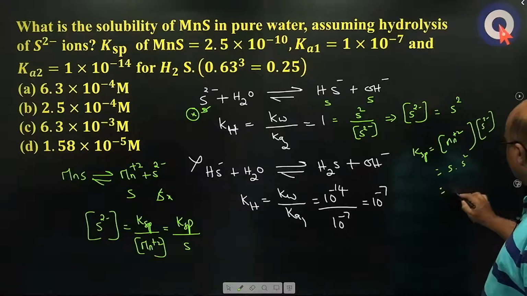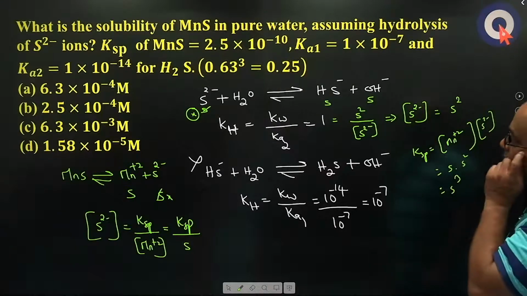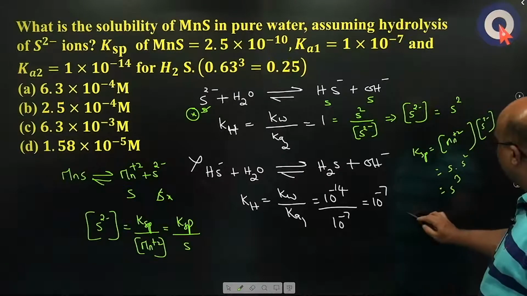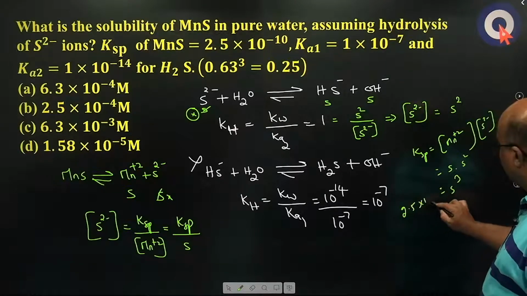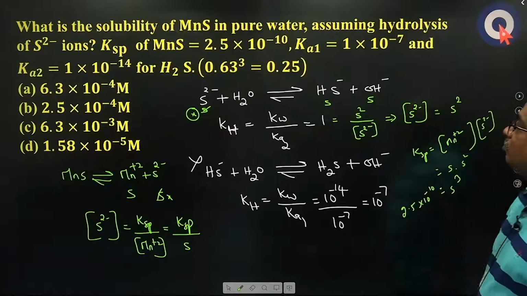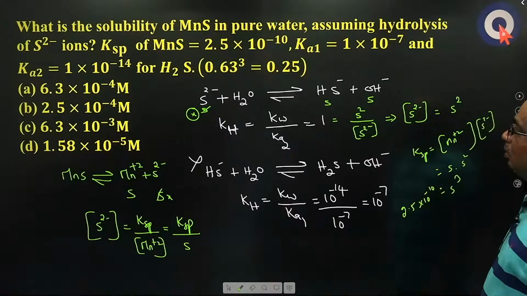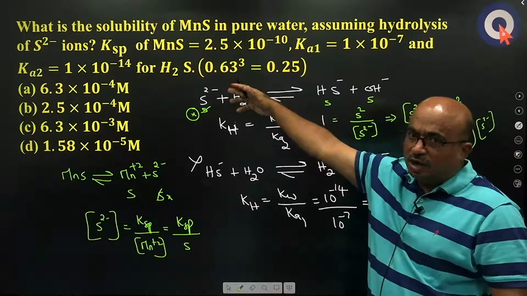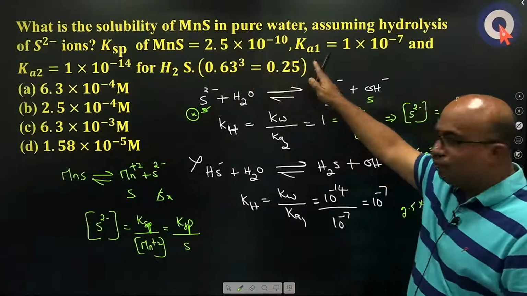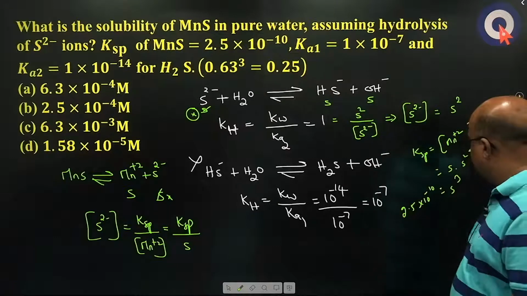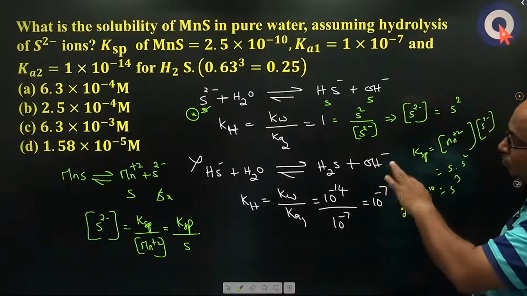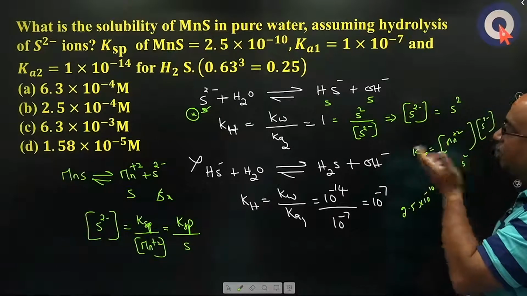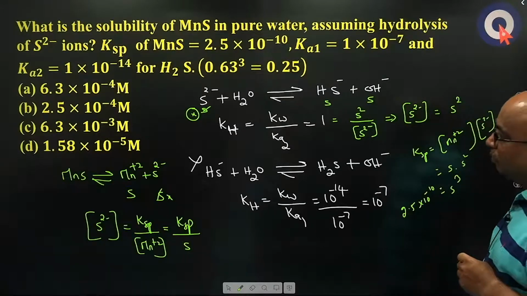So nothing but it is S cube. But S cube is equal to 2.5 into 10 to the power of minus 10. So already 0.63 whole cube is nothing but 0.25. Clear? So that was used. So from that approximation maybe you can do it. Clear?